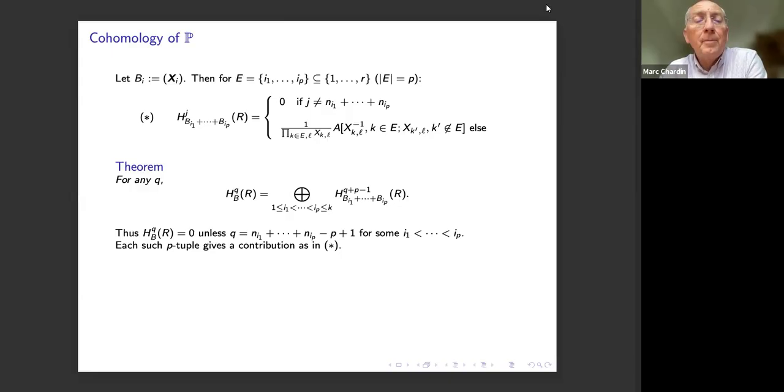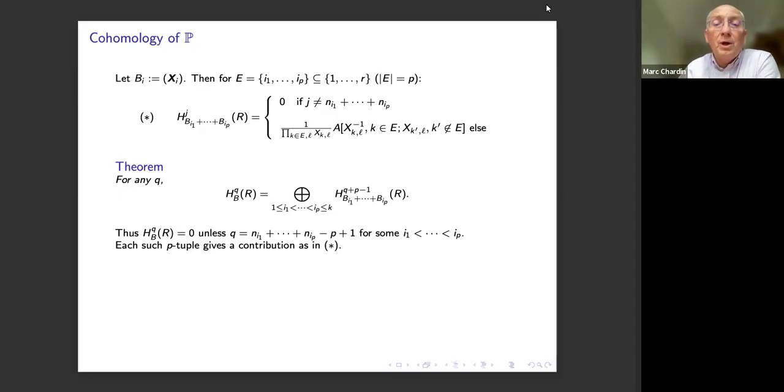And of course, H^{q+p-1} with respect to B_{i1}, ..., B_{ip} is 0 by what is above, unless q is of this form. So you look at the contribution that you can have by taking the different B_{i1}, ..., B_{ip}, and this computes the cohomology of the ring.